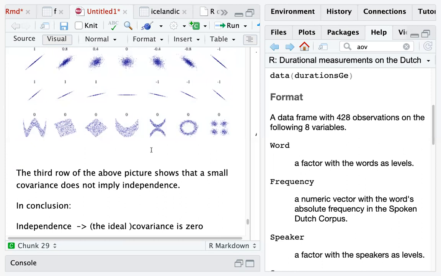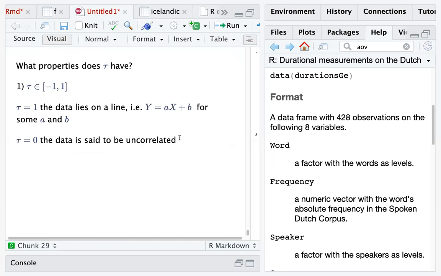What else can be said about this coefficient? If one thinks in pure mathematical terms, we have this tau defined also at the level of distributions.